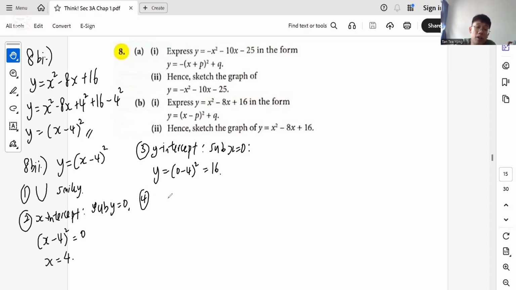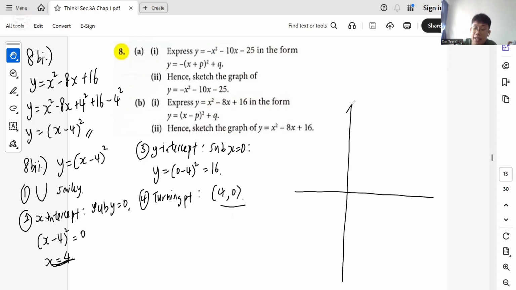Then point number 4, your turning point, which is 4, 0. You can see, actually very weird, my turning point is here and my x-intercept is here. So how to draw is like that. It's actually your x-axis becomes a tangent now. So what do I mean? It's basically like that.